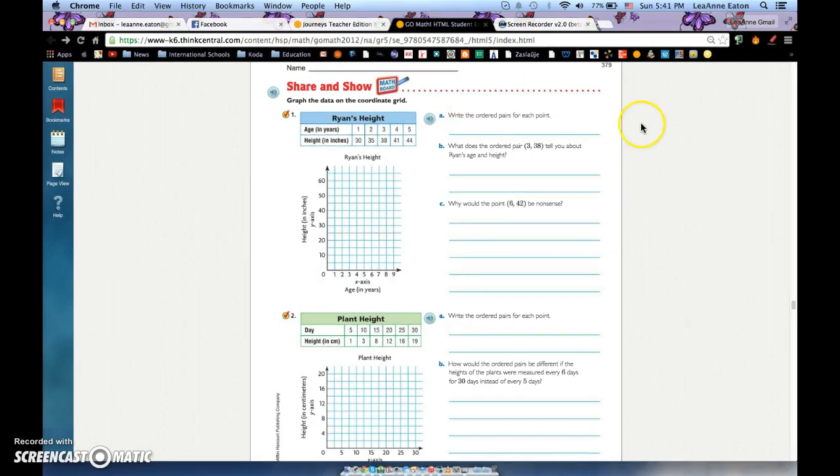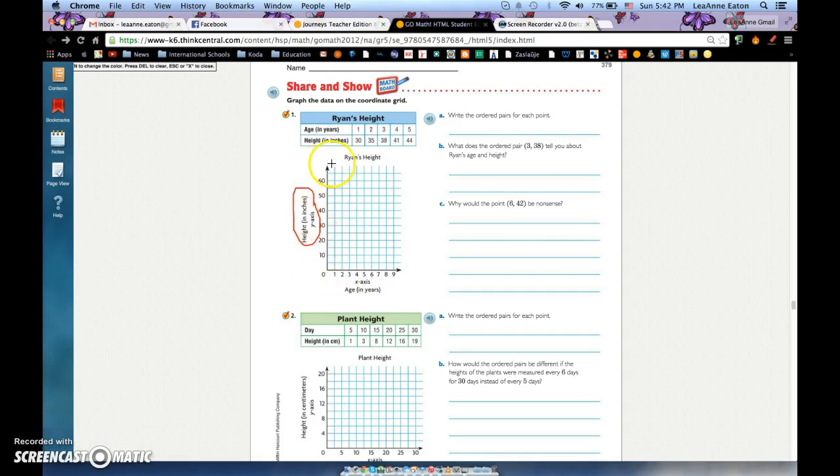So we have Ryan's height. We have his ages, and then his height in inches. Inches is something that we measure, so that's the y-axis over here because we're measuring it. The age is our intervals. It's done yearly, so our intervals are every year from the time he was born at 0, the origin, all the way until he's 9 years old.